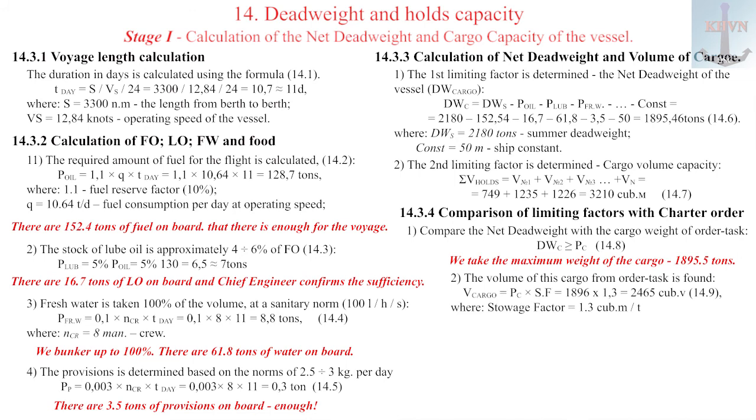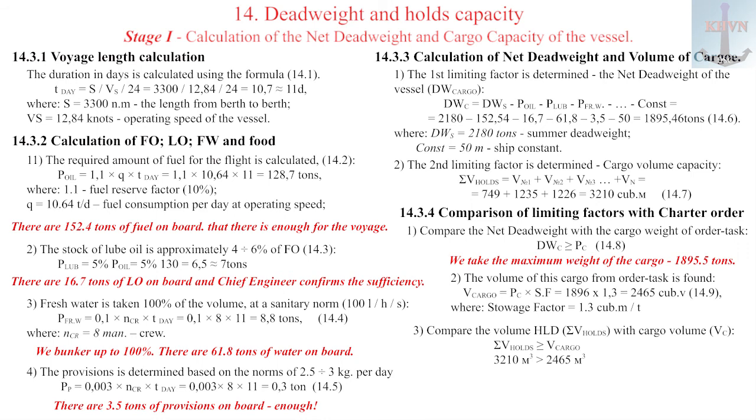2. The volume of this cargo is found. Weight multiplied by stowage factor will give the volume of cargo, which is equal to 2,465 cub.m. Where stowage factor is 1.3 m3/t, the specific loading volume, the number of cubic meters in 1 ton of cargo. 3. The volume of the cargo space must be greater than or equal to the volume of the cargo.